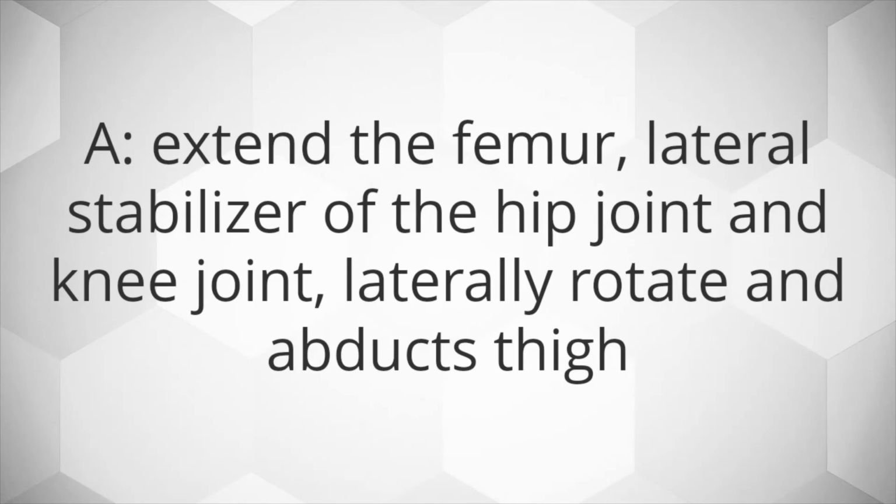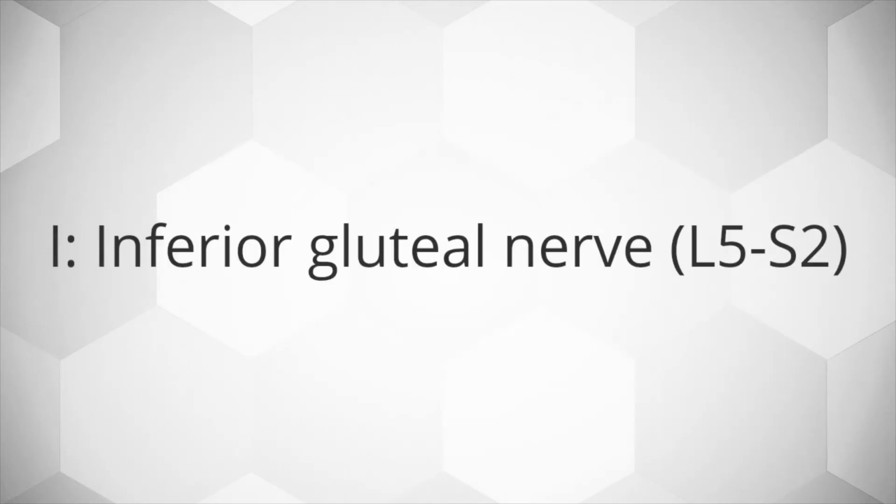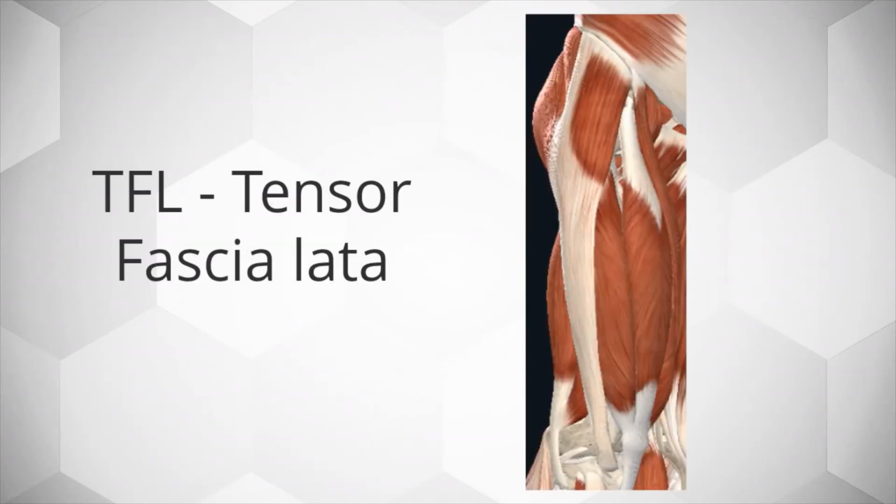The landmark is named Gerdy's tubercle. Because of that type of attachment, the glute max also works in stabilizing the knee. The glute max is innervated by the inferior gluteal nerve, which has the roots from L5 to S2.